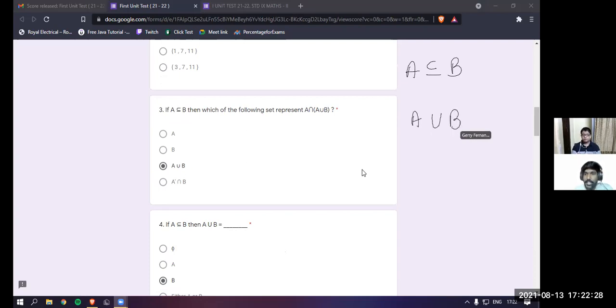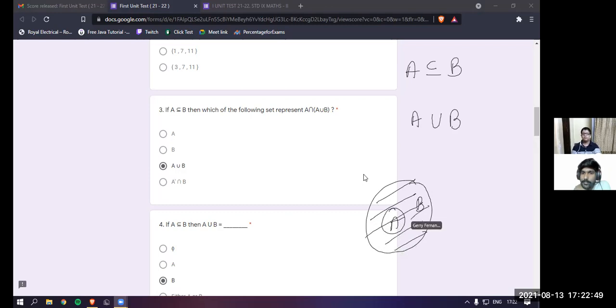Note one thing, A is inside B. If this is A and this is B, and A is inside B, what will be A union B? This entire thing, B. So A union B will be B itself.